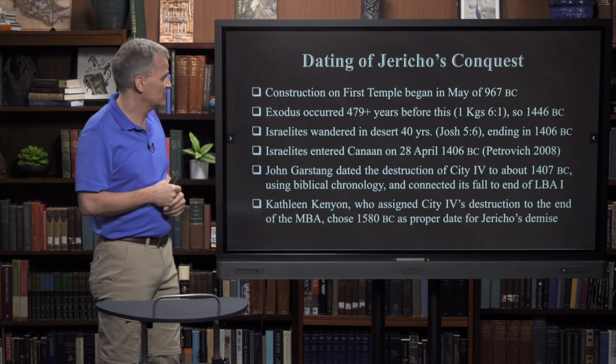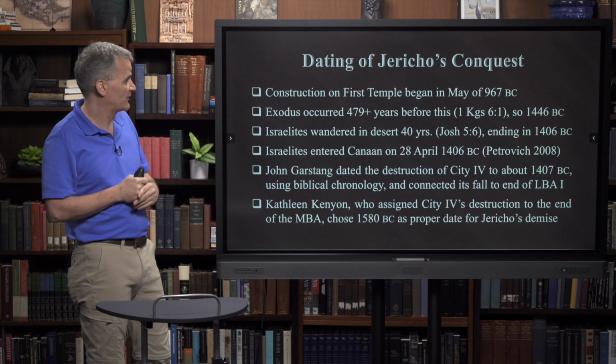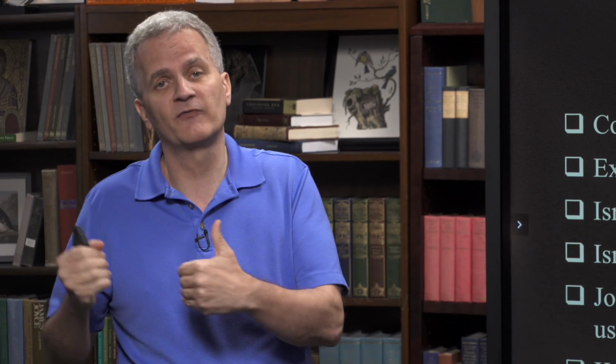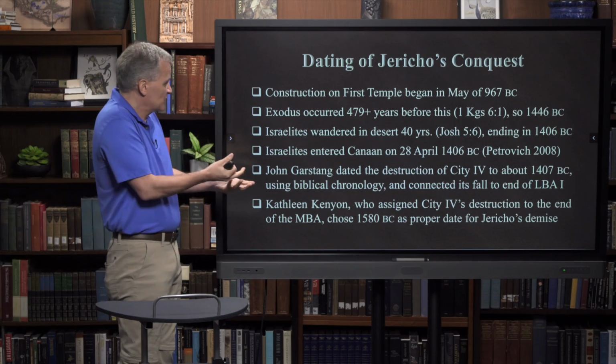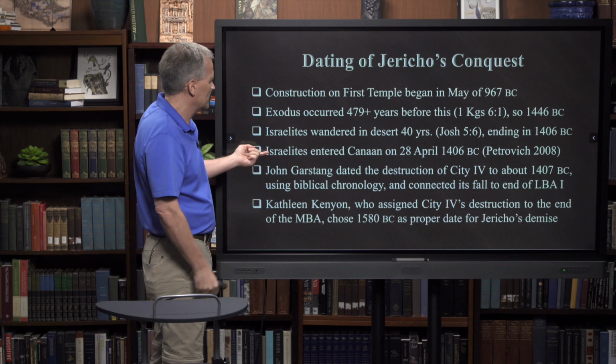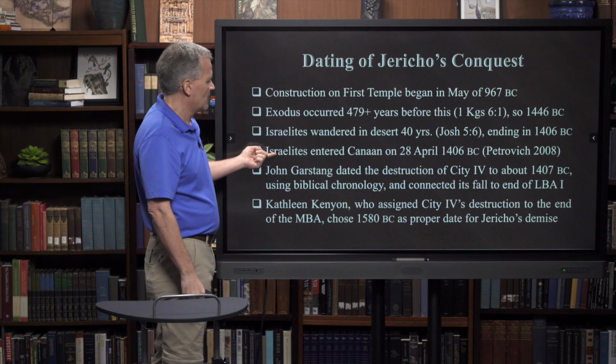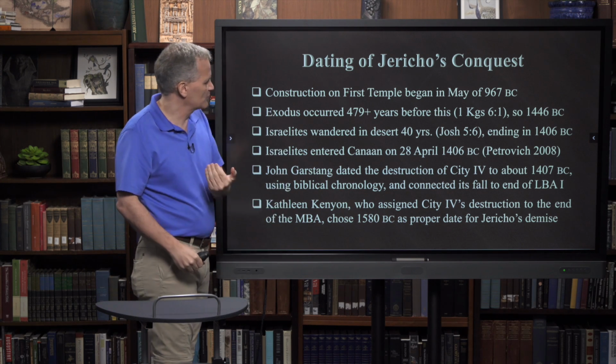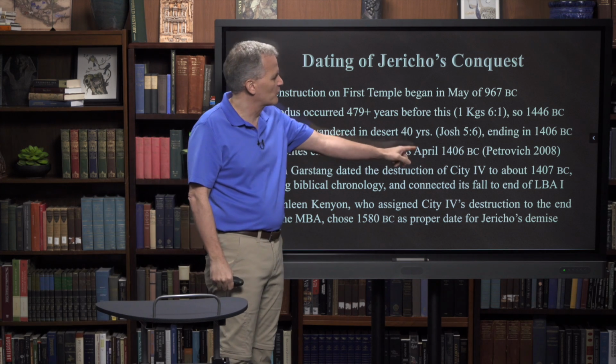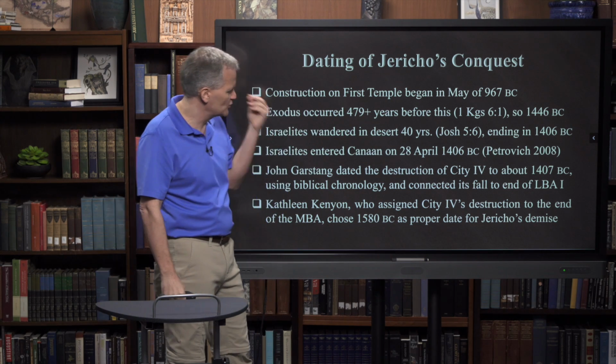The Israelites wandered in the desert for 40 years, according to Joshua 5:6. So that had to end in 1406 BC. That takes us to the time of Jericho, doesn't it? The Israelites entered Canaan. They crossed the Jordan Rift Valley on the 28th of April, 1406. We can date that specifically to the very day.